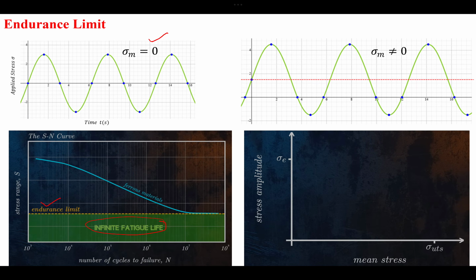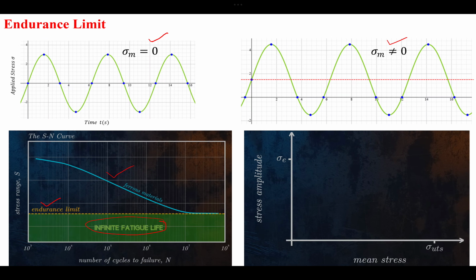Then what would you do? You cannot have this curve for all the mean stresses. Practically it is not possible to define the SN curve for every material at different mean stresses. So what we do is we have, for example, this case where mean stress is not equal to zero, or greater than zero in this case.